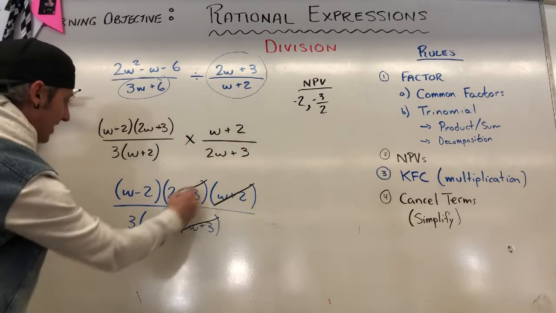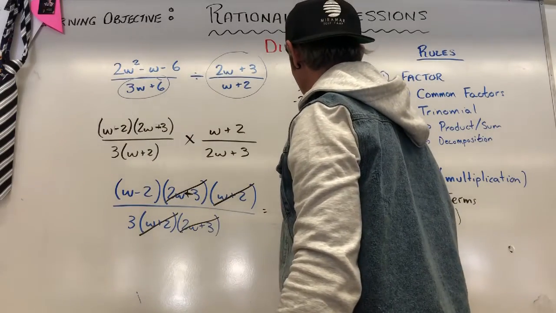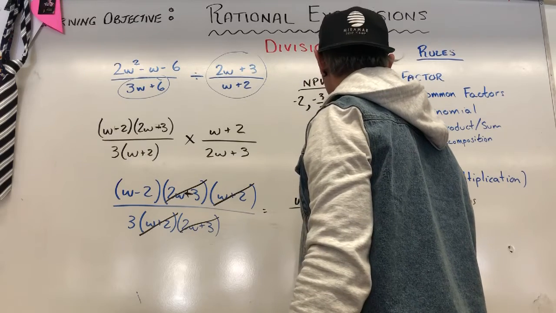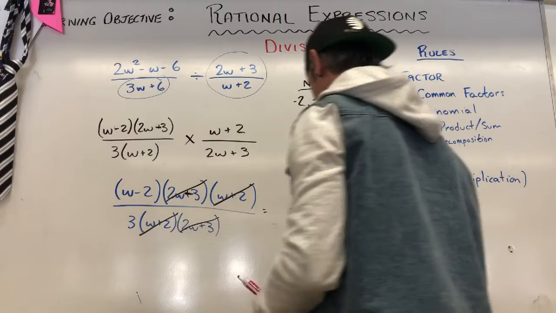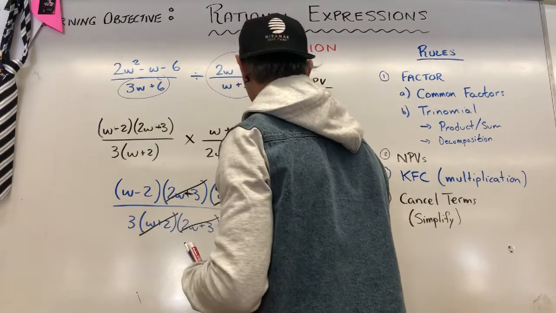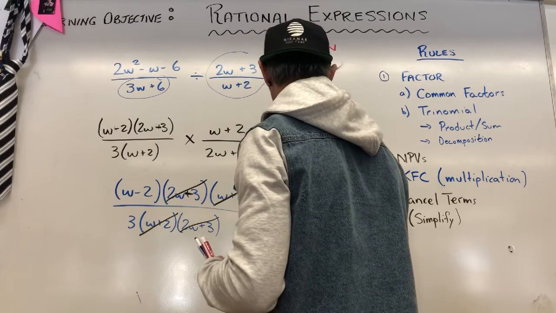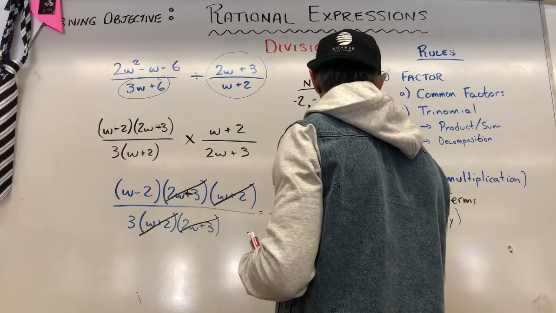So then now these cancel, and I'm left with w minus 2 over 3, where w cannot equal, my answer is w minus 2 over 3, where w cannot equal negative 2 and negative 3 halves.